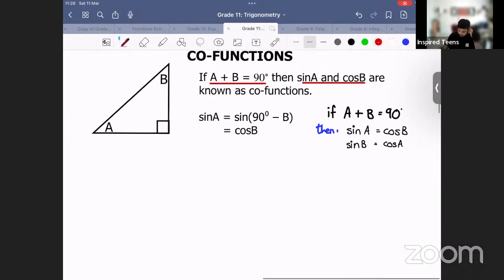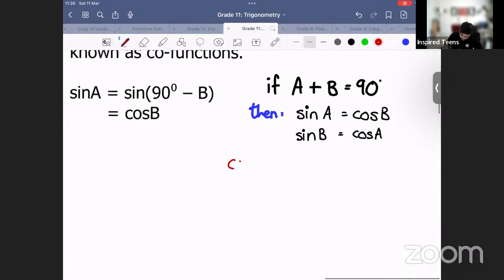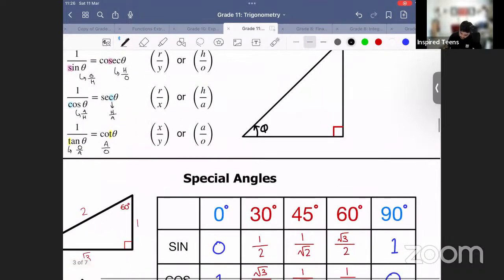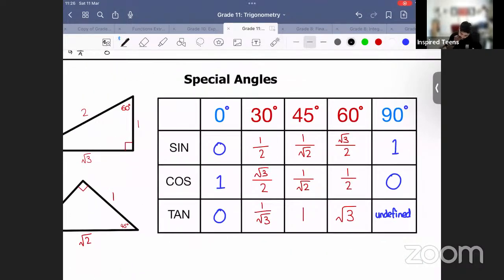Let's do an example. An example we can take from our special angles. We had cos 30, which is root 3 over 2.